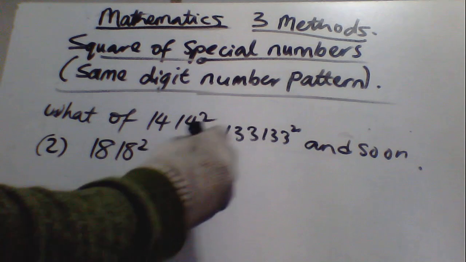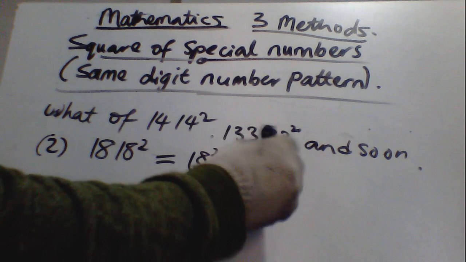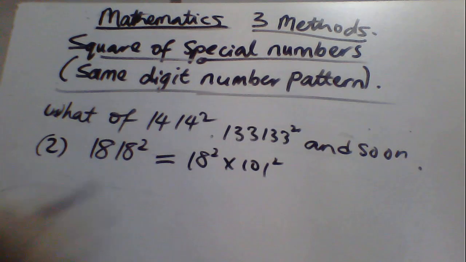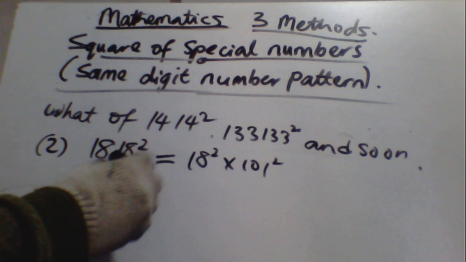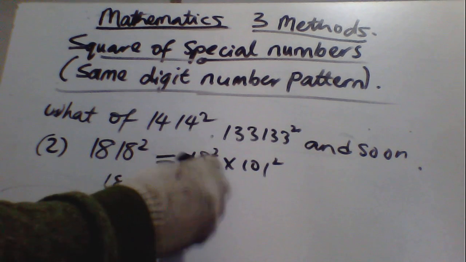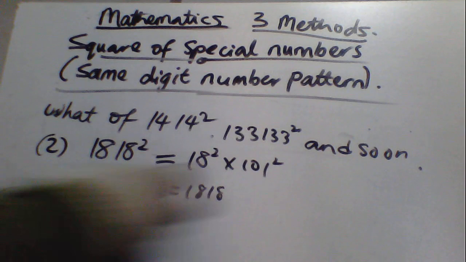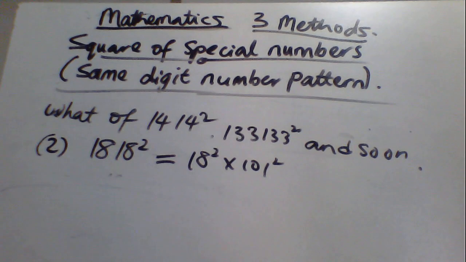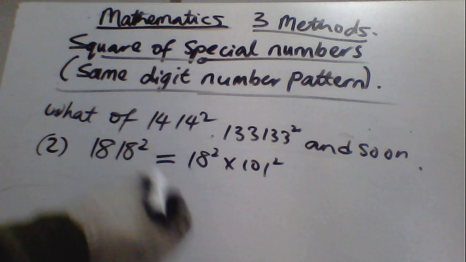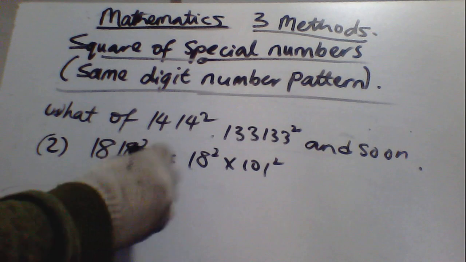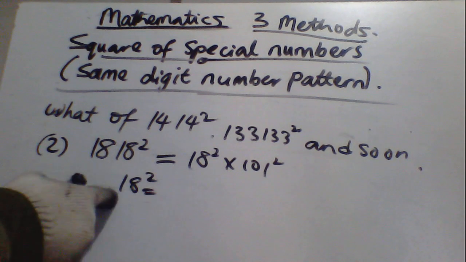1818 squared is the same as 18 squared times 101 squared, because we know that 18 times 101 is equal to 1818. So splitting it will be easy for us. Since you don't need a calculator, using the method we have learned, find the square of 18.